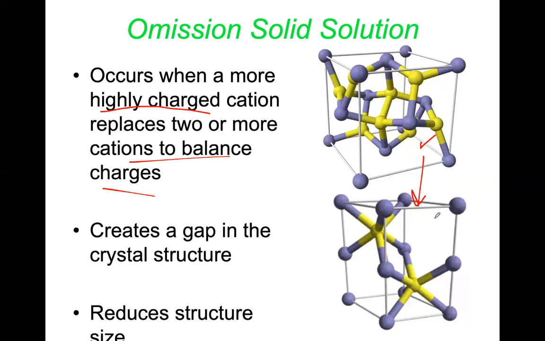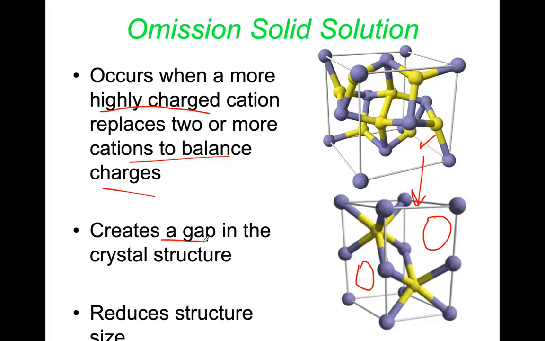So they will be omitted. In that case, you will find some spaces where the ions have been omitted from the structure.